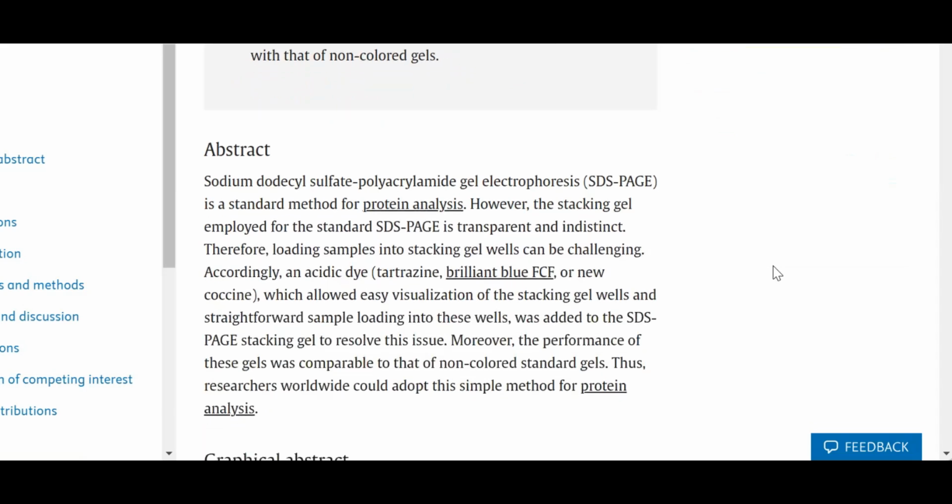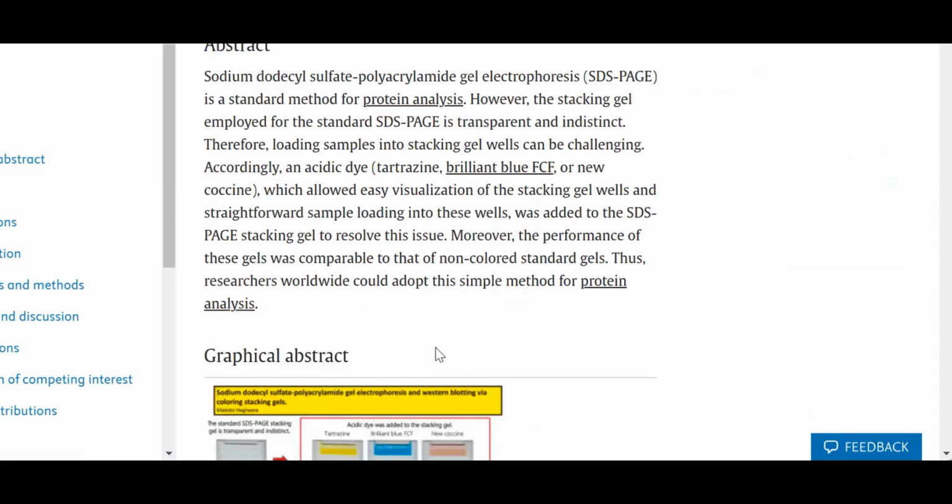Sodium dodecyl sulfate polyacrylamide gel electrophoresis is a standard method we know for protein analysis, and the stacking gels are used along with dyes, maybe tartrazine or brilliant blue FCF or new coccine. These are the acidic dyes they have added. So it allows easy visualization of the stacking gel, not only the resolving gel.